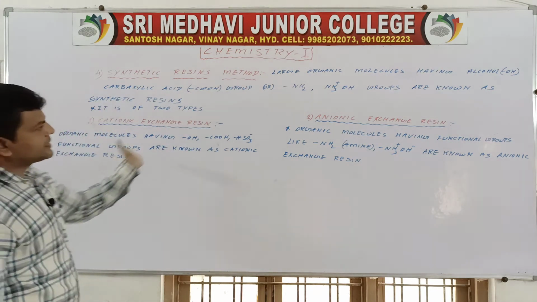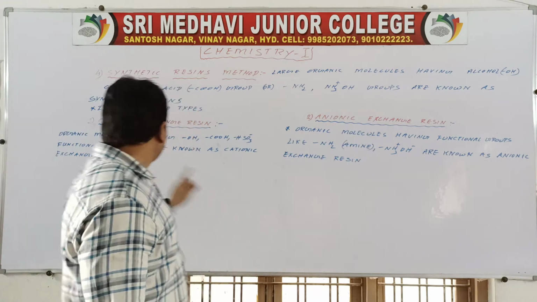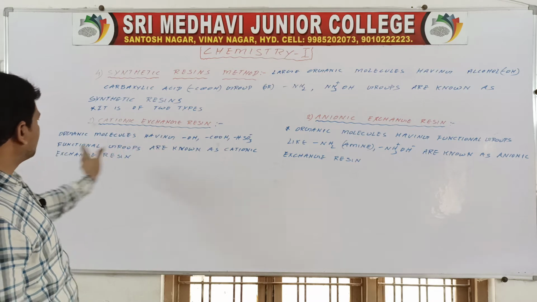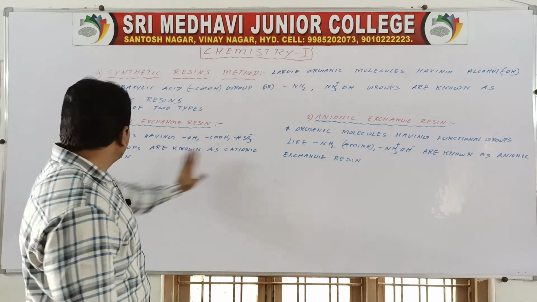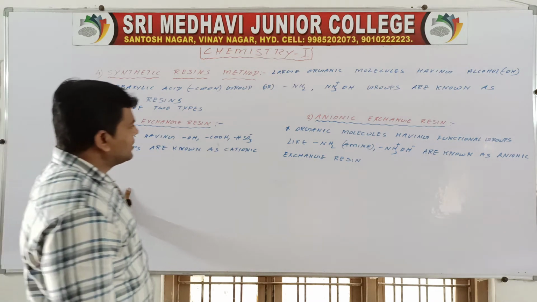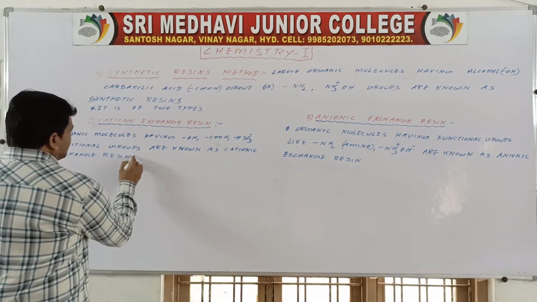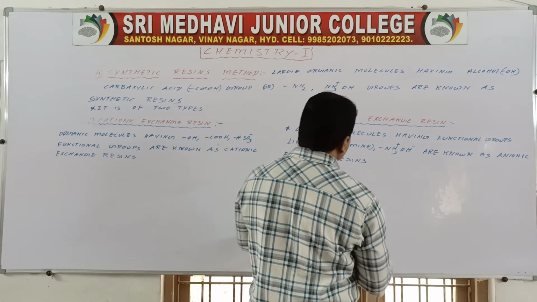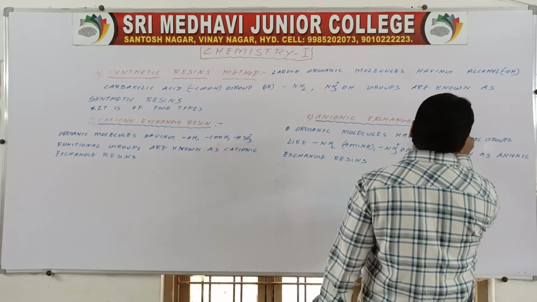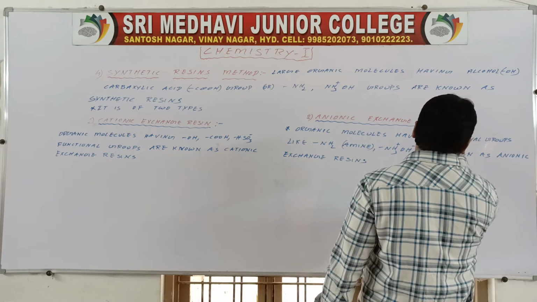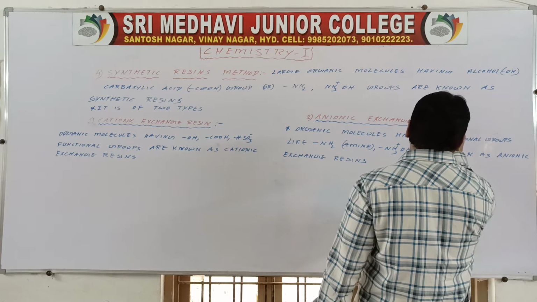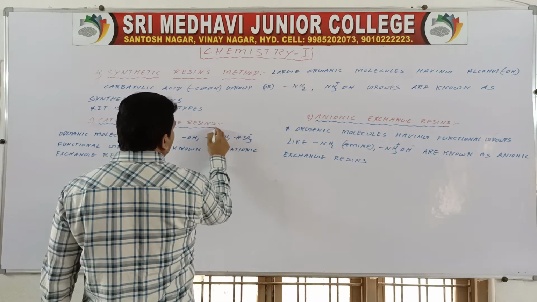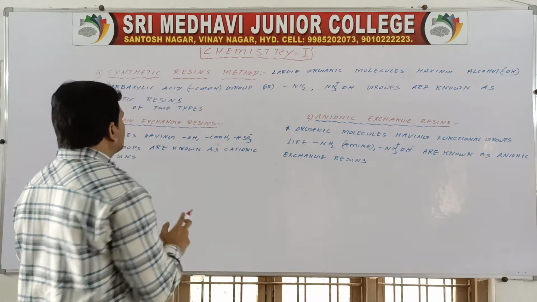So cationic exchange resin and anionic exchange resin. Organic molecules having OH, COOH, HSO3 functional groups are known as cationic exchange resins, and here also anionic exchange resins.